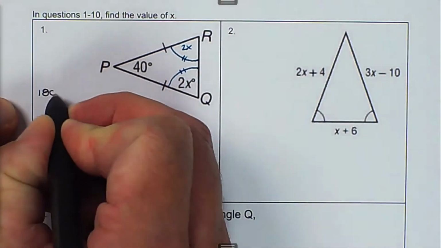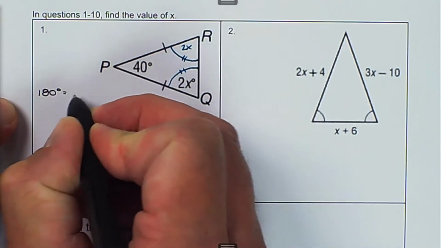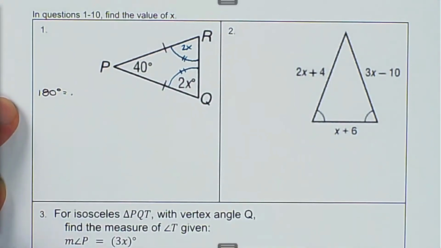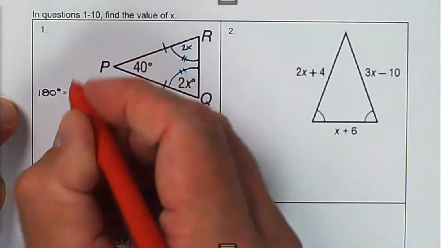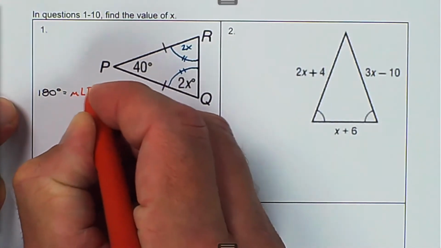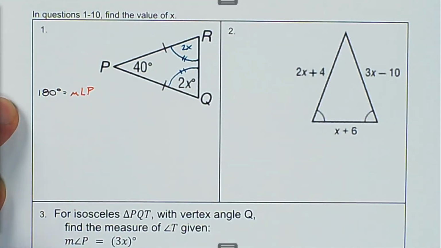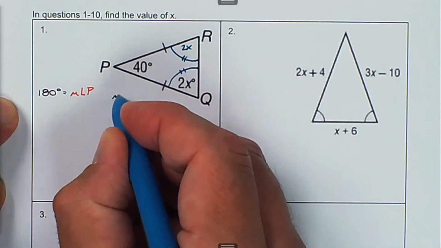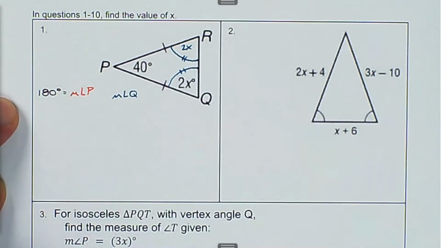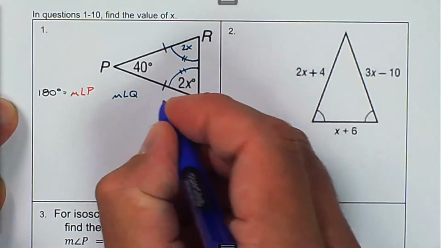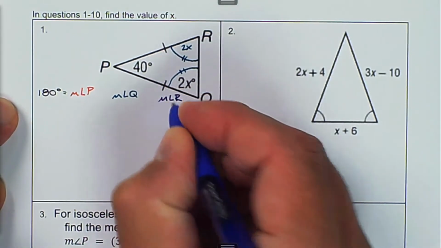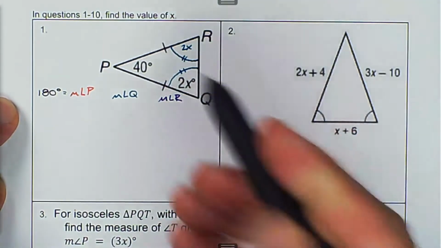So we can say 180 degrees is equal to the measure of angle P plus the measure of angle Q plus the measure of angle R. And we're going to just add these all together.